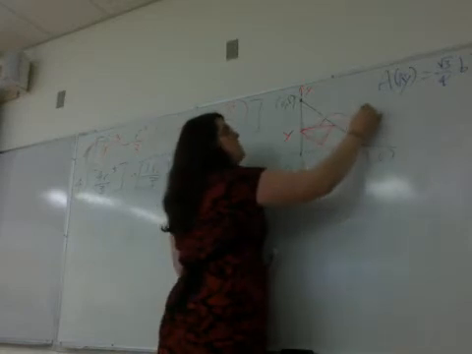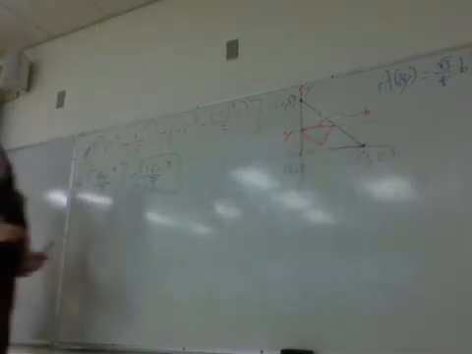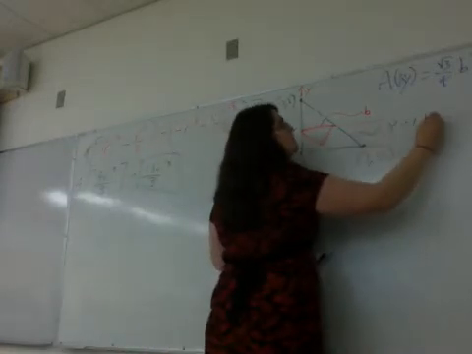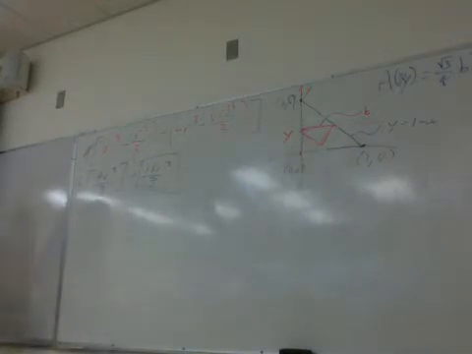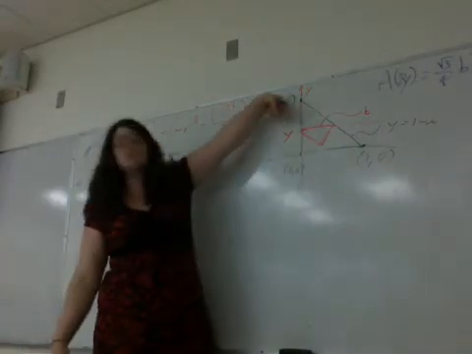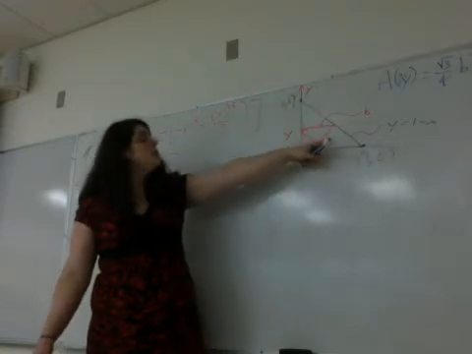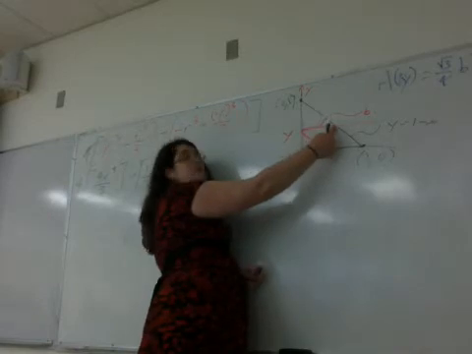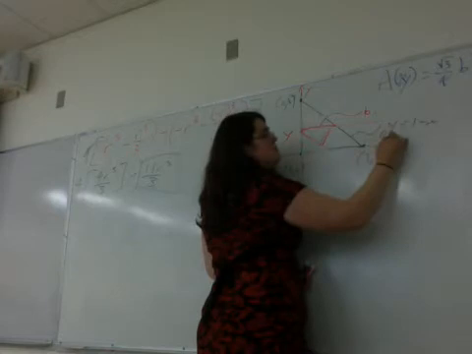Well, that distance there is my b, right? This black line here is y equals 1 minus x. It's got a y-intercept of 1 and a slope of negative 1. Now, I want to subtract the x-coordinate of here minus the x-coordinate of 0. To get the x-coordinate of here, I'm going to have to rearrange this.